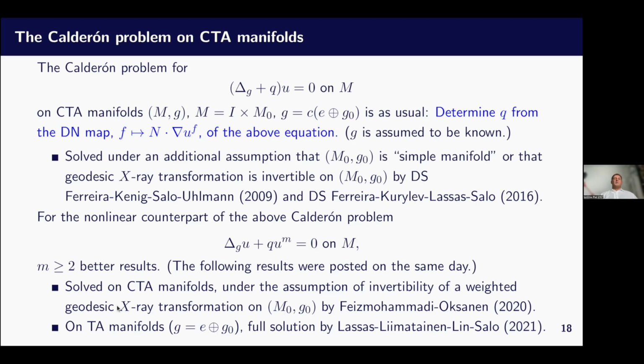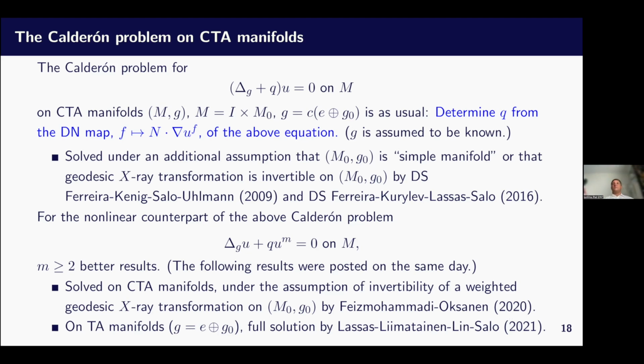In the slightly simpler case, when we have only a transversally anisotropic manifold, so no conformal factor in front of the metric G here, we gave a full solution with Lassas, me, Lin and Salo, and actually these two papers were posted on the same day. We realized that we were working on the same problem. So these results overlap a little bit, but they're not completely the same.